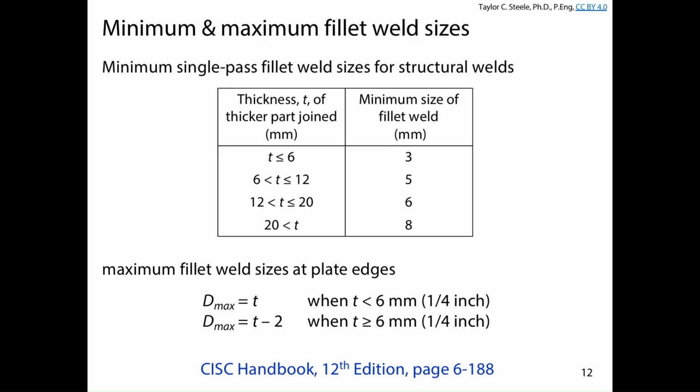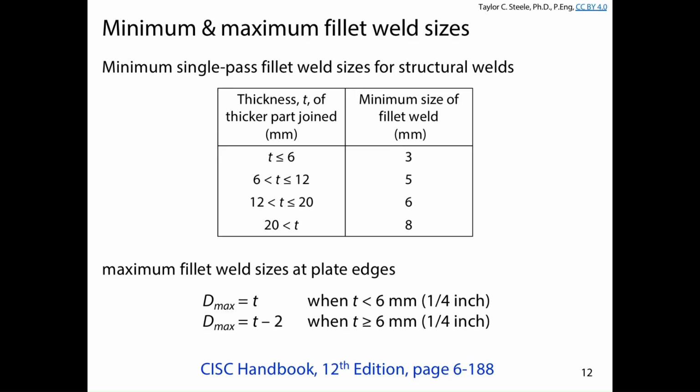For the minimum single pass, if you're using a small plate, you can use a single pass as small as 3 millimeters. If you're dealing with something between 1/2 inch and 3/4, which is 12 and 20 millimeters, you can do 6. As soon as your plate gets thick enough, exceeding 3/4 of an inch, you have to use a minimum weld size of 8 millimeters.